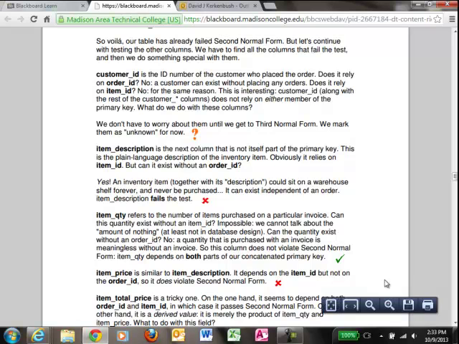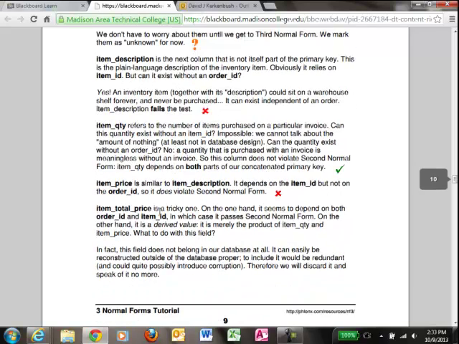So that one gets a green check mark. Item description is really just dependent on item ID, so that gets an X. And those other fields, the total price and the subtotal fields, we don't even need to save, because it says we can reconstruct that. We can calculate that value from other fields in the table. So we're going to discard it, like it says here.